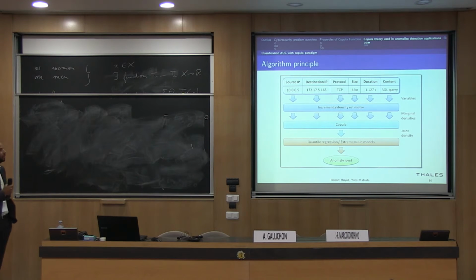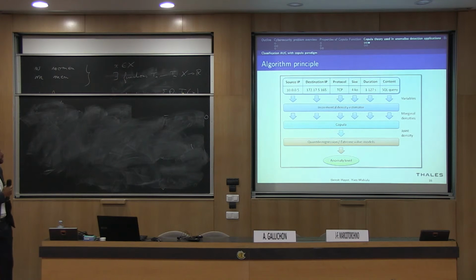From that, what you want to achieve is essentially to estimate the probability or the density of this event, and then compare the probability to a given threshold. Depending on the use case, it could be a predefined threshold or a calculated one.